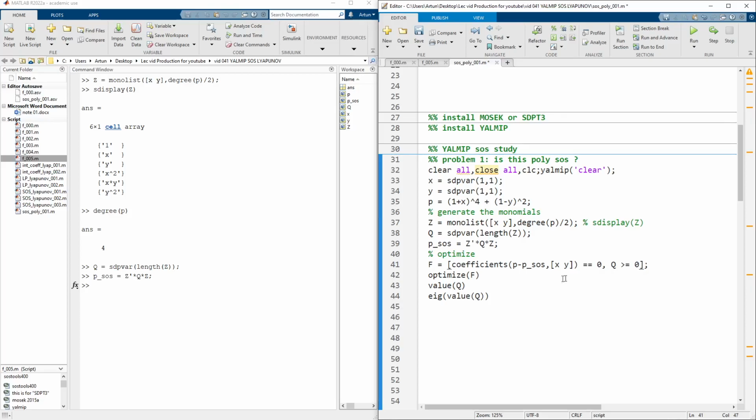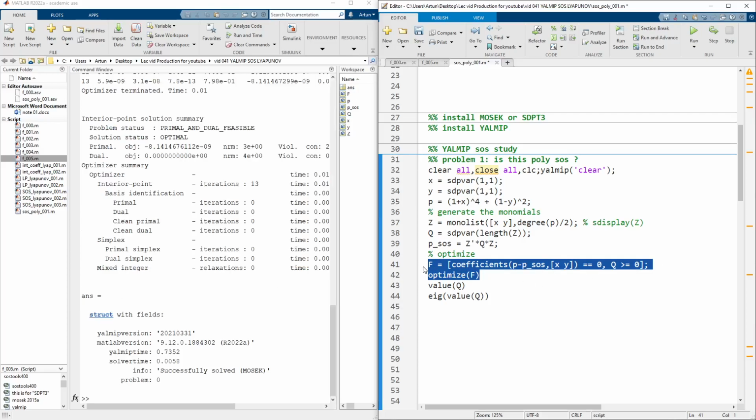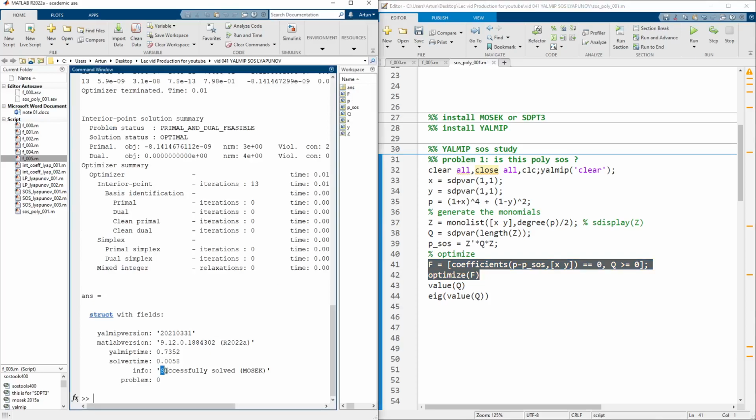Okay, all right, let's run this. Successfully solved, and I'm using Mosek. It indicates that this line successfully solved. We were able to solve this problem. So what would that indicate?